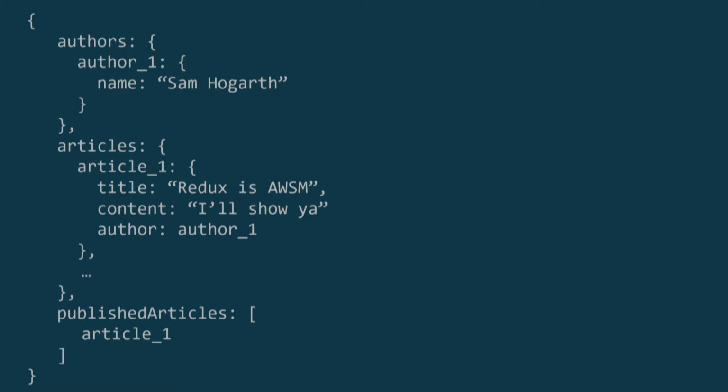Now, the approach that I take with this, and the approach that many others take, is to think of this big object as like a database. Sub-objects on it correspond to tables in a database. So you could see this as a table of authors, for example. And just like entries in a database, they have IDs, a unique ID. So my authors sub-object here is a map. It's a map of ID to an object.